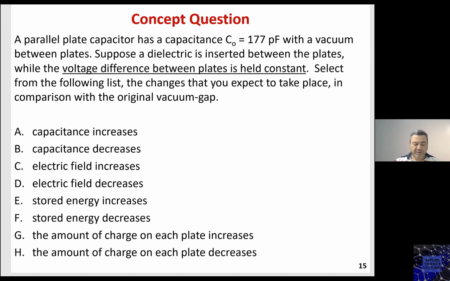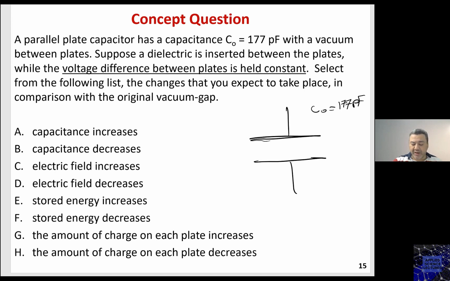Last question. We have a parallel plate capacitor that has a capacitance of 177 picofarad with a vacuum in between. So C naught is 177 picofarad with a vacuum in between.